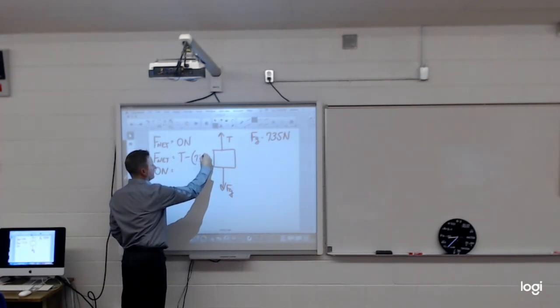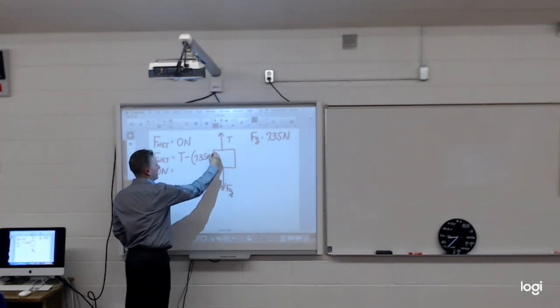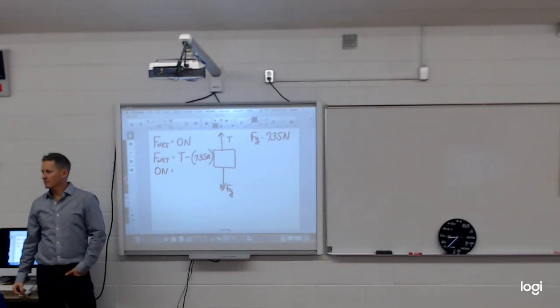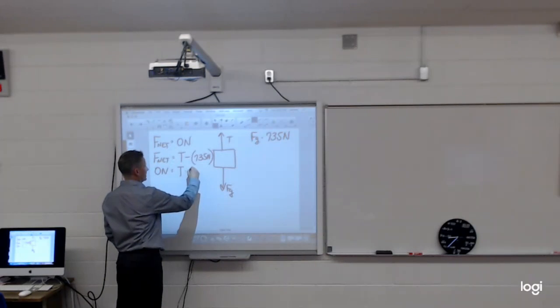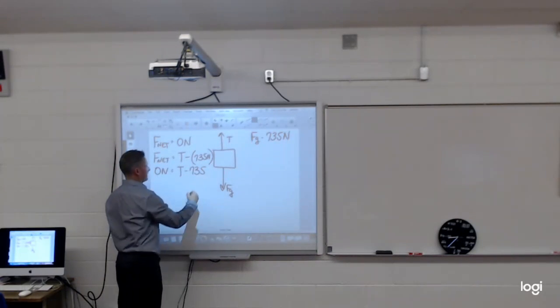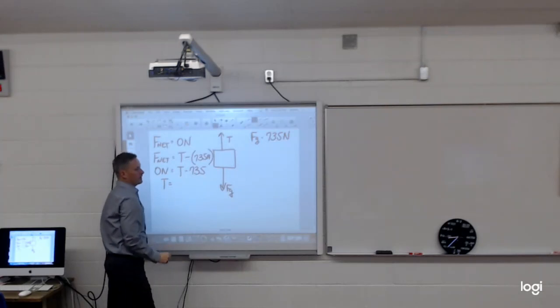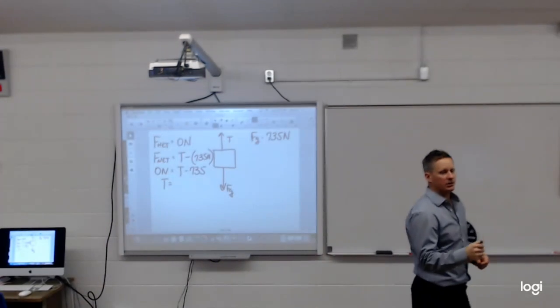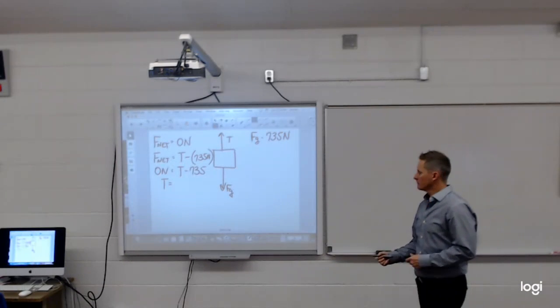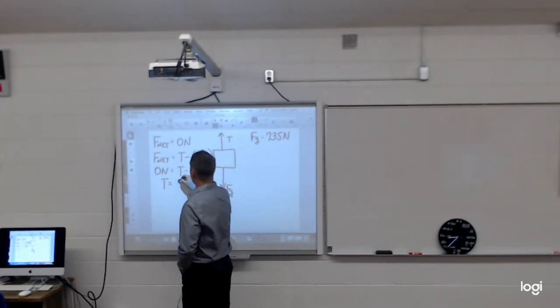We calculated the force of gravity to be 735 newtons, didn't we? So I have tension minus 735. So if the elevator is at rest, what is the actual force of tension on that man? 735 newtons. There's your answer to A.